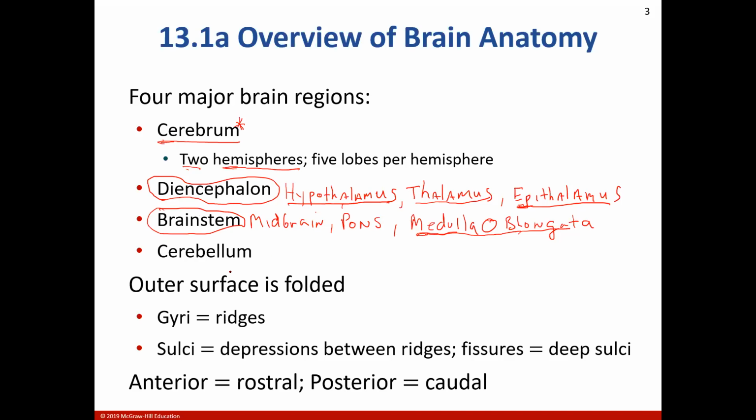Cerebellum has a lot to do with balance, motor balance, muscle balance, equilibrium, along with your cranial nerves too. Balance, I'll put equilibrium, but motor, muscle contraction. No cognitive cortex in the cerebellum.